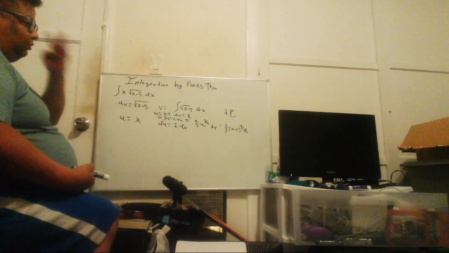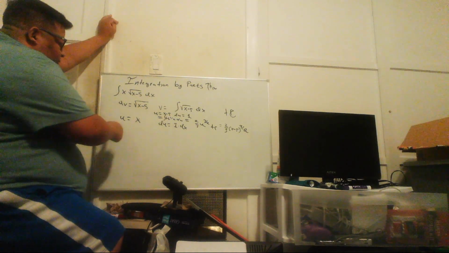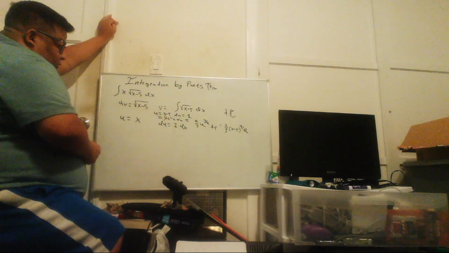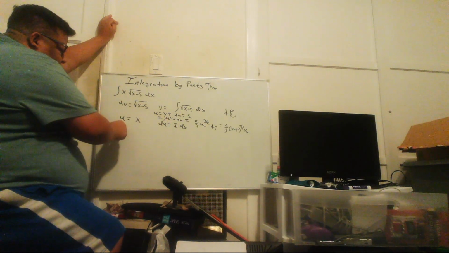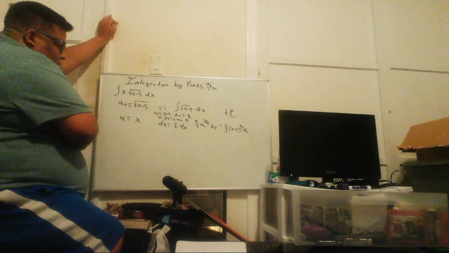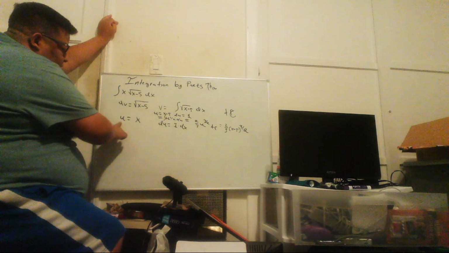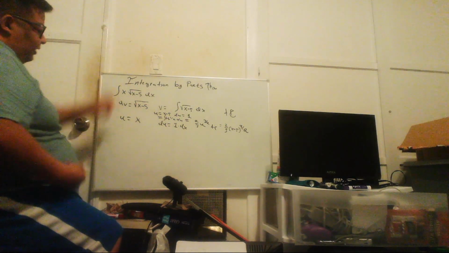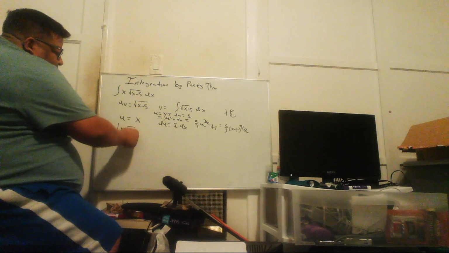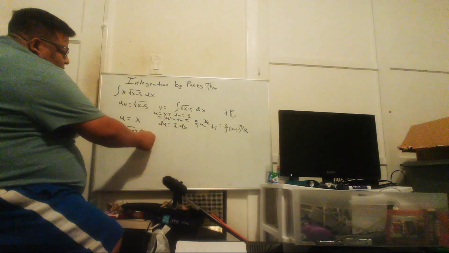Okay, so let's keep those things in mind. Now we're gonna do the integration by parts formula. So we're gonna say the integral of x times the square root of x minus 5 dx.